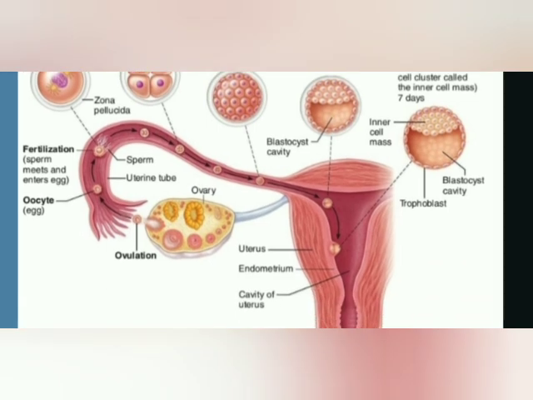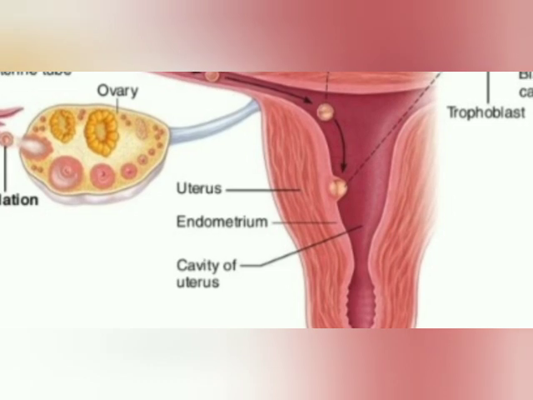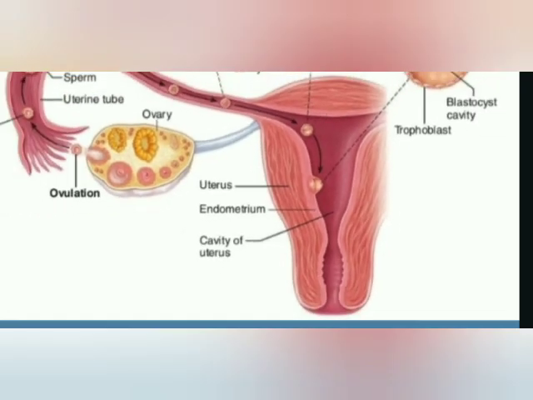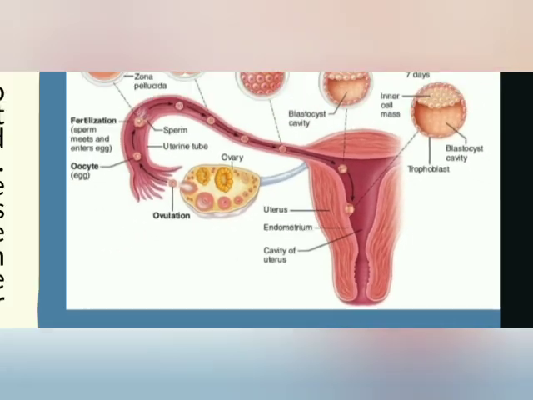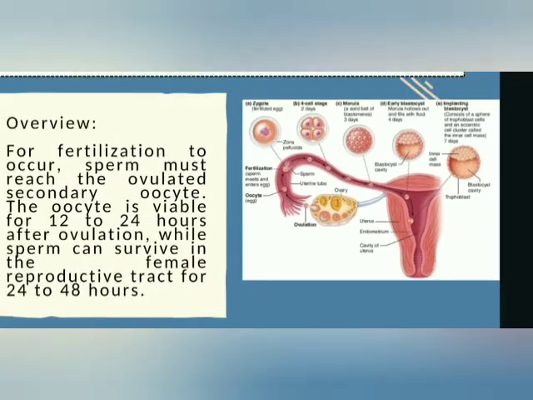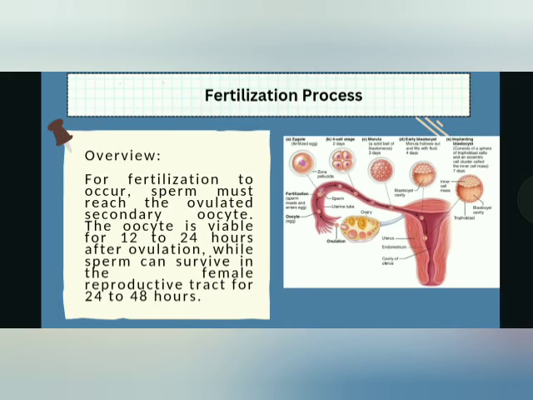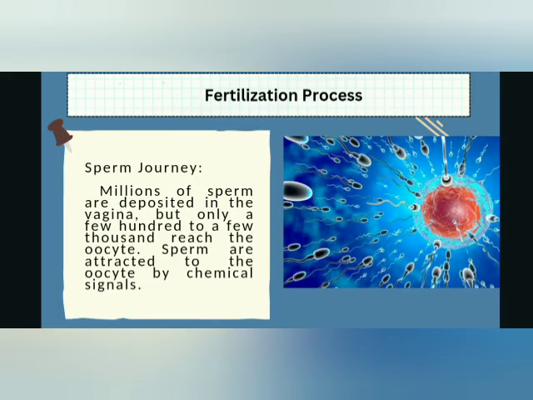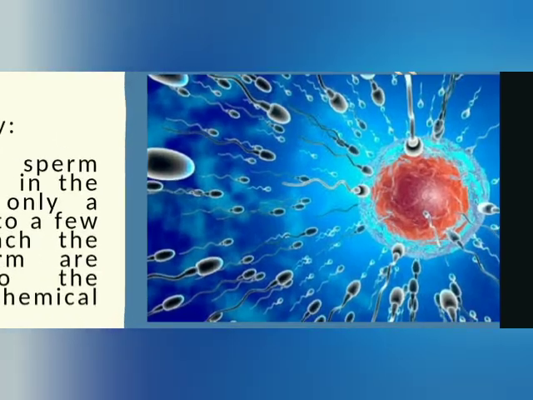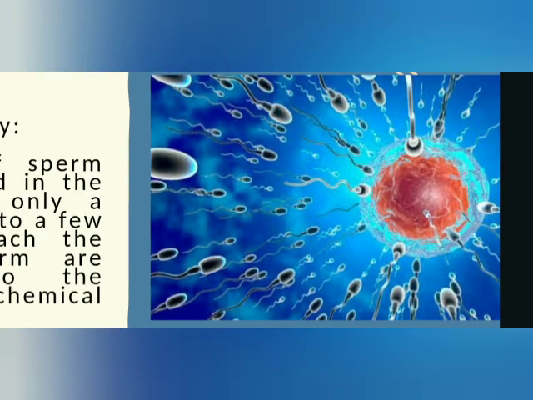It is really amazing how our bodies work. Fertilization process: millions of sperm are deposited in the vagina, but only a few hundred to a few thousand will reach the oocyte or the egg cell.